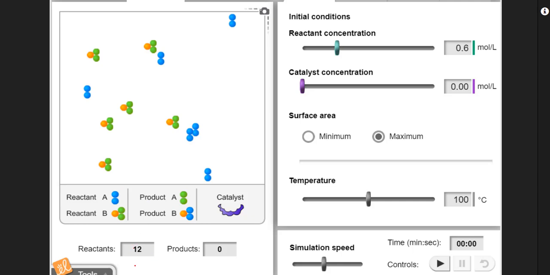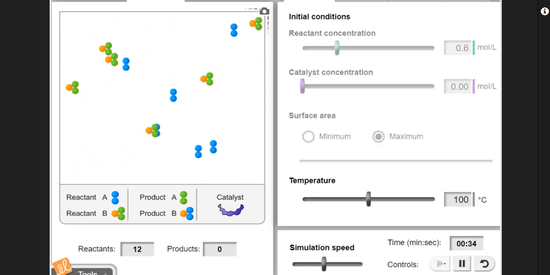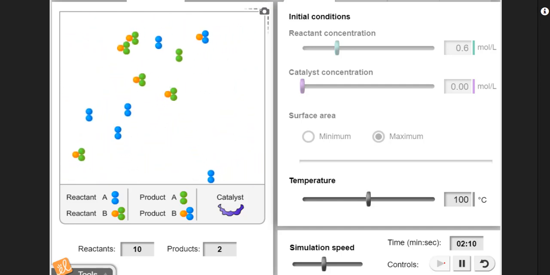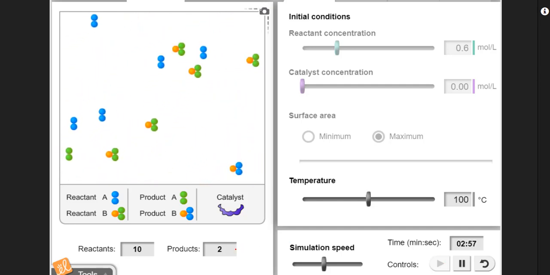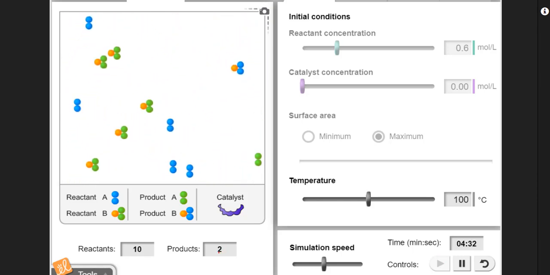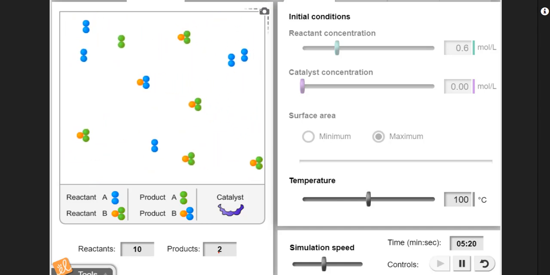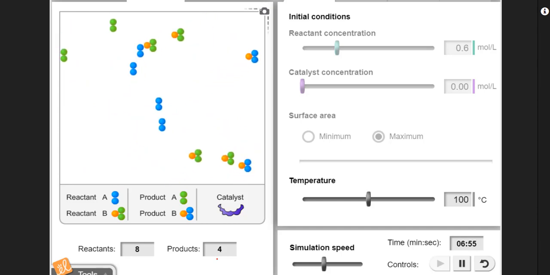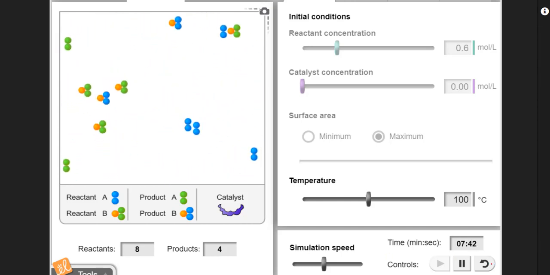So in the left-hand corner, where my mouse cursor is, I have 12 reactants, and I'm going to play the simulation again. And now there's a greater collision frequency, and you can start to see the products start to form. So now there's 2 products. And as time goes along, the number of products will start to increase. So now there's 4 products.